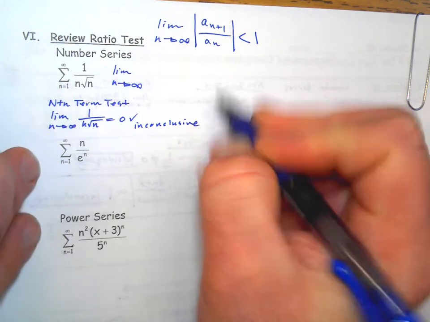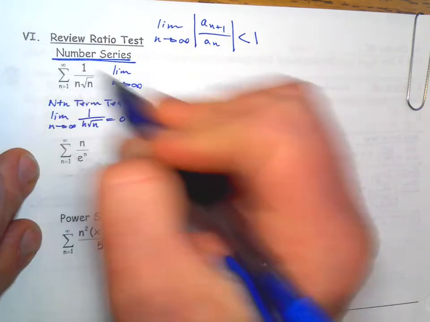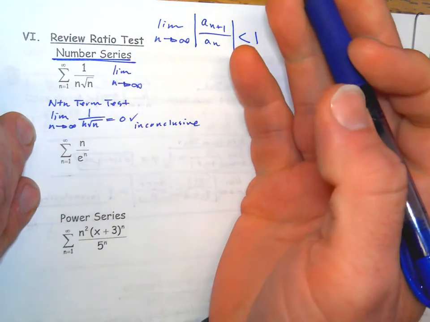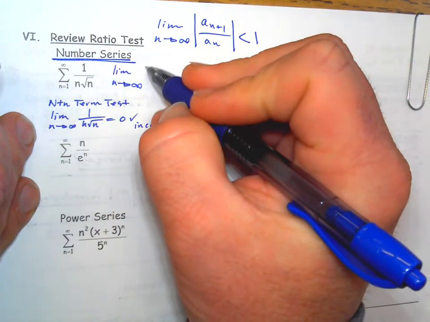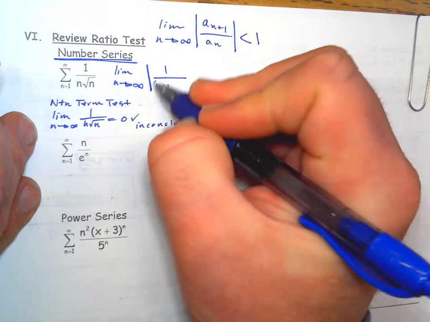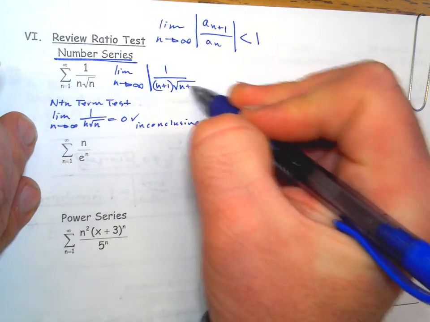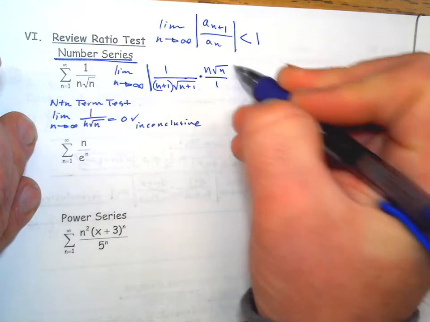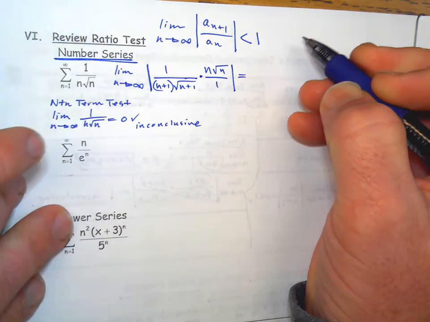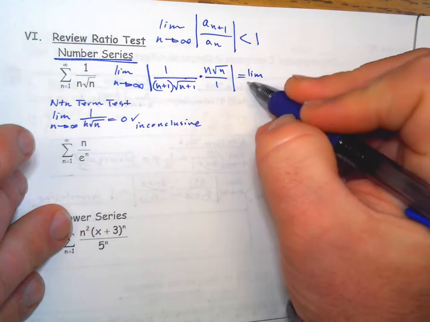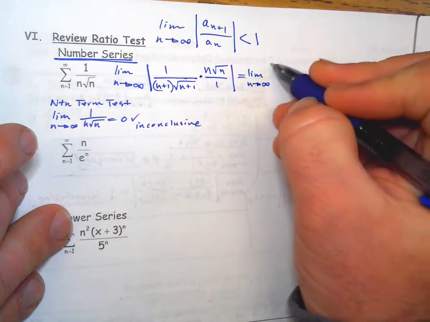Now, these are number series, which means they have no x's in them. So the answer is either converge, diverge, or possibly inconclusive. Okay, the absolute value of 1 over n plus 1 to the square root of n plus 1, times n to the square root of n. We could rewrite this and line up things that are more like each other.